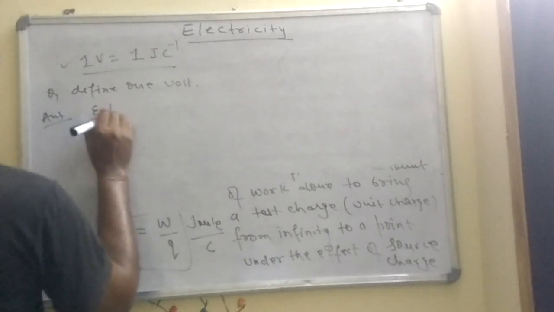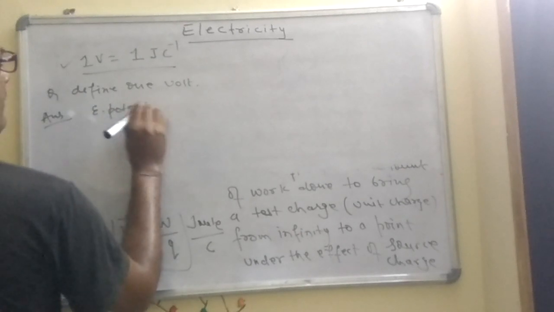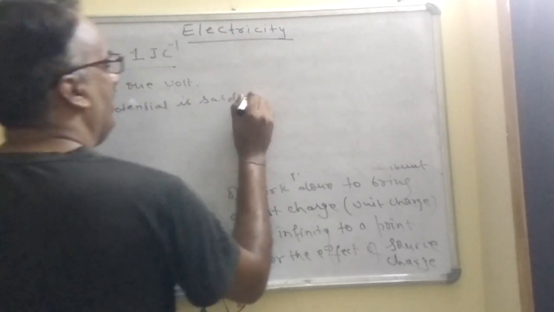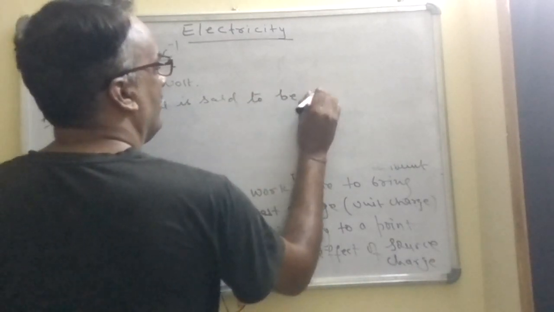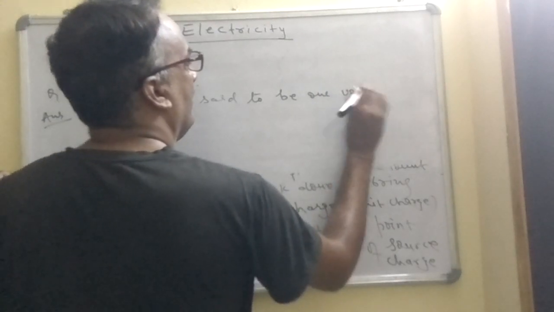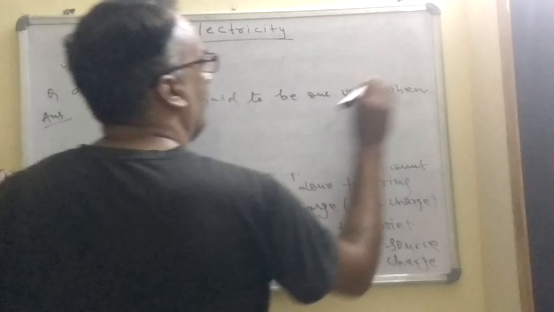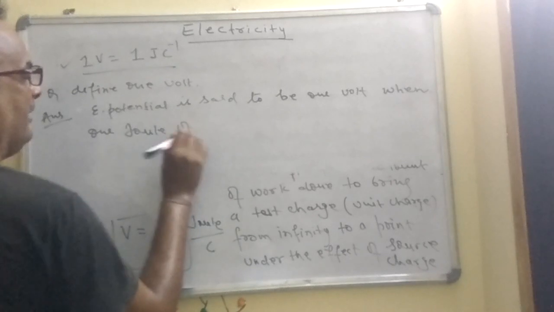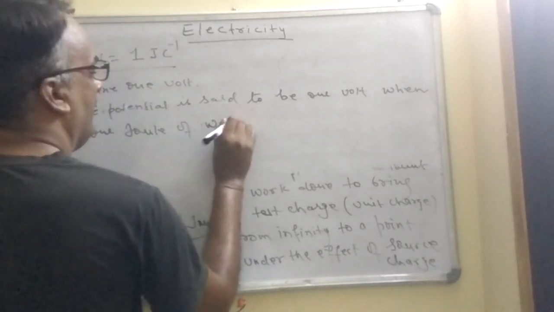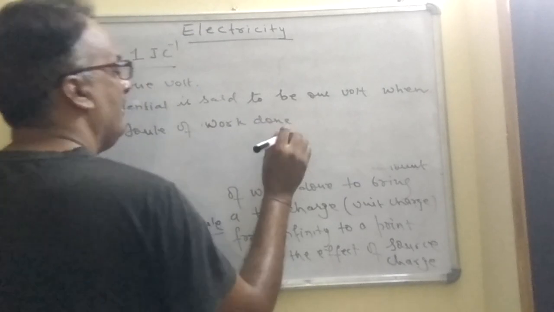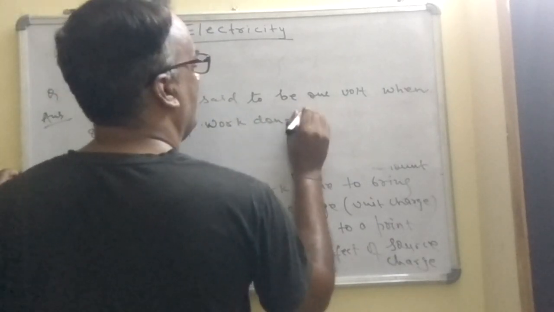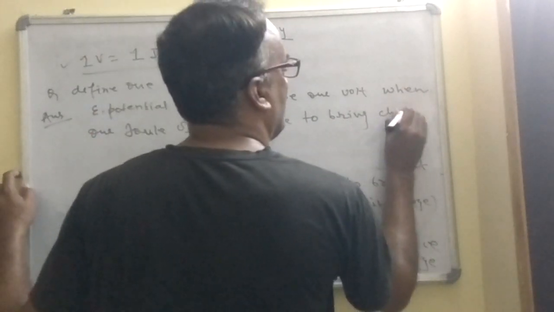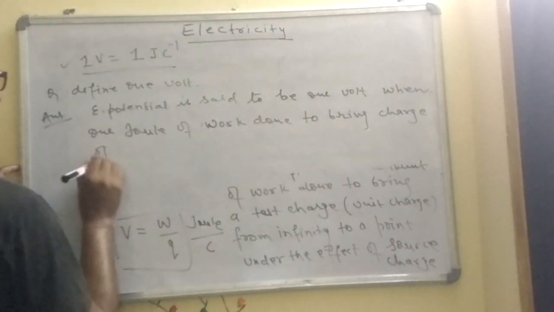Electric potential is said to be 1 volt when 1 joule of work is done to bring a charge of 1 coulomb.